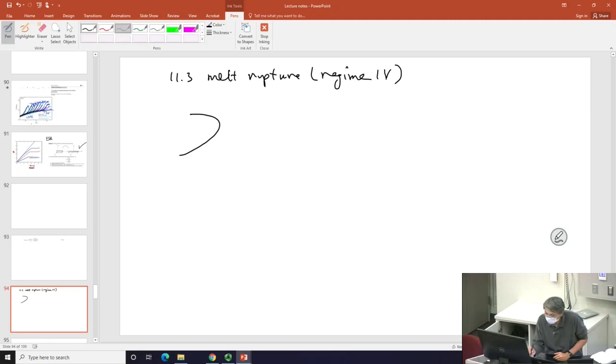So instead of this chain being able to slide, it does not do that. It locks up, and the chain tension can continue to build up. At least that much I can claim.